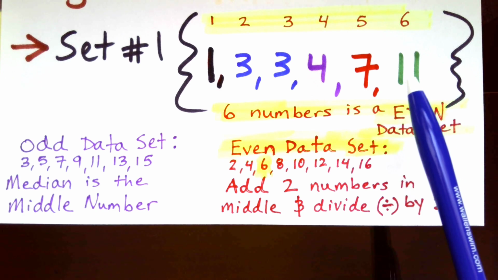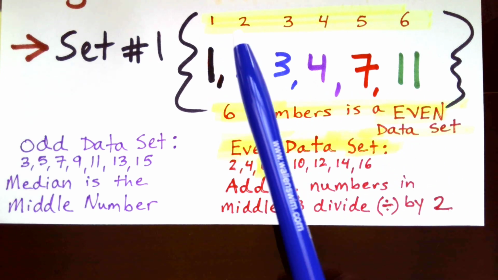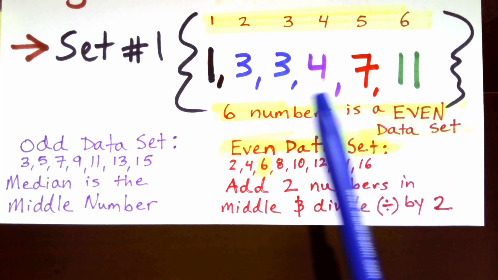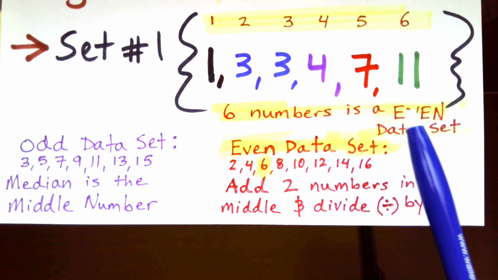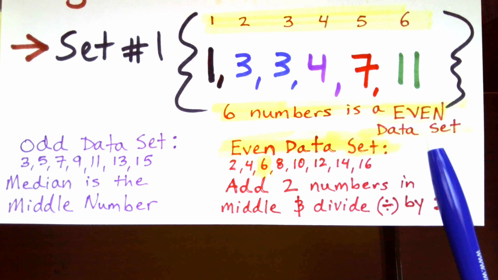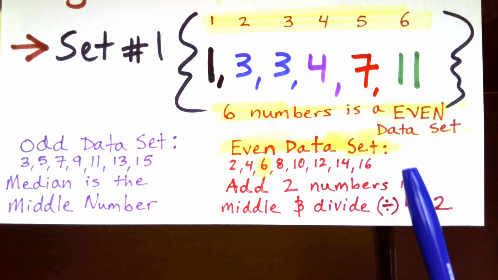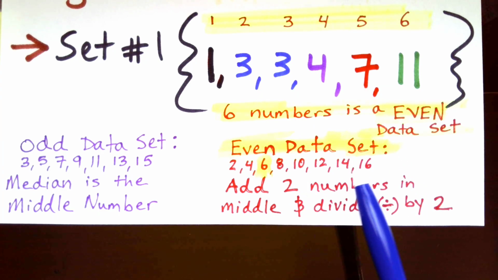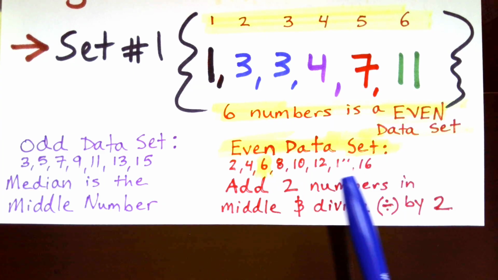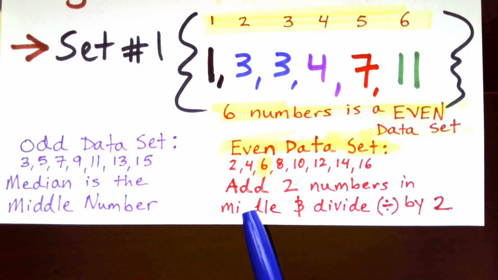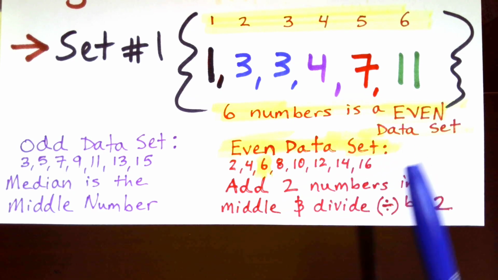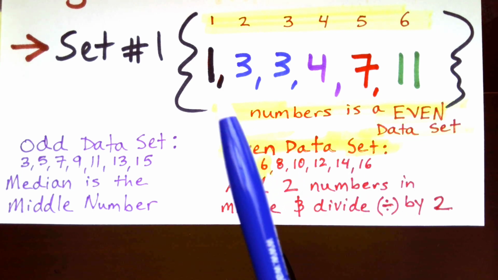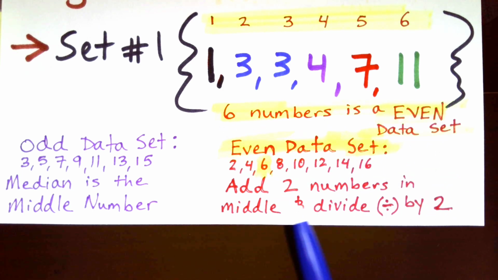And you can see here there are 1, 2, 3, 4, 5, 6 numbers in this data set, right? And 6 numbers is an even data set. So there's something special about an even data set, right? 2, 4, 6, 8, 10, 12, 14, 16. Those are examples of even numbers, right? And the rule is if you have an even data set, you add the 2 middle numbers after you've placed them in order from least to greatest.